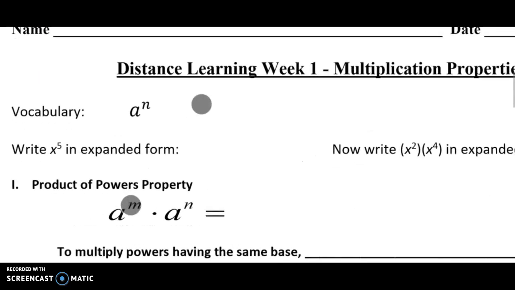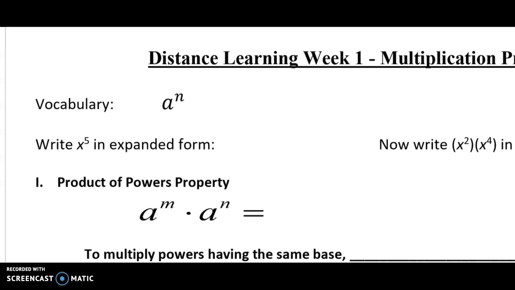We're looking at a little bit of vocab terms. So we have a to the n power. There's a couple terms that we're going to continuously keep using that are going to be really good for you to know. So the a is our base, and the n is our exponent.